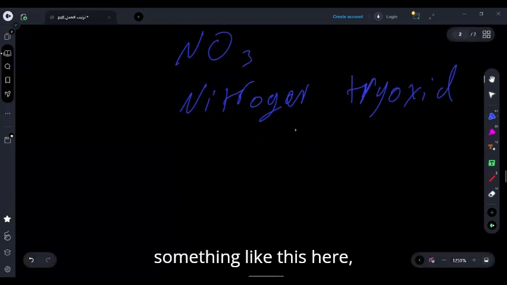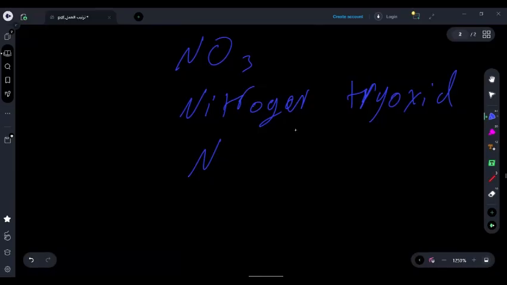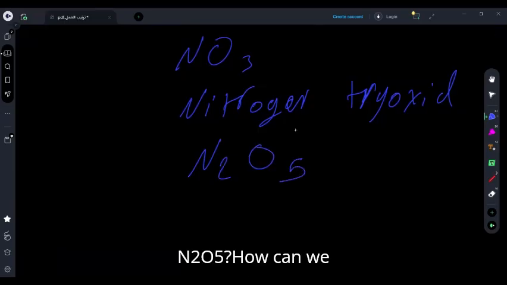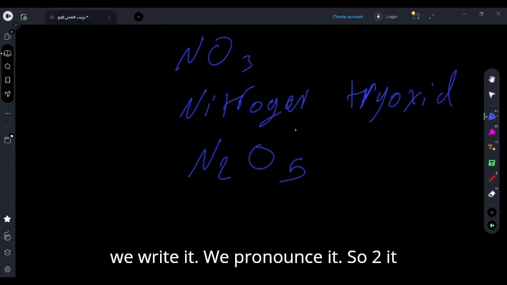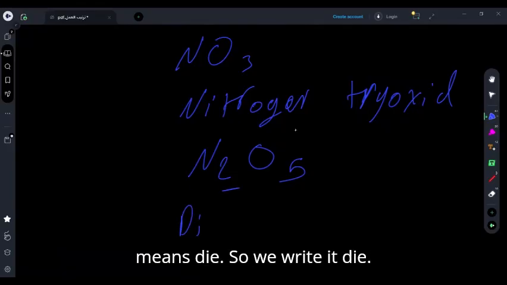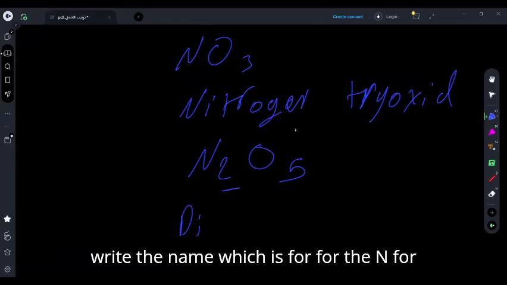What if you have something like N2O5? How can we name that? You have 2 beside the nitrogen, right? So we pronounce it. 2 means di, so we write di. After that, we write the name for N, nitrogen.